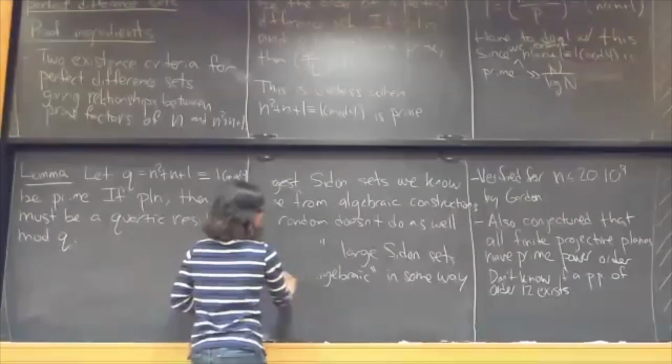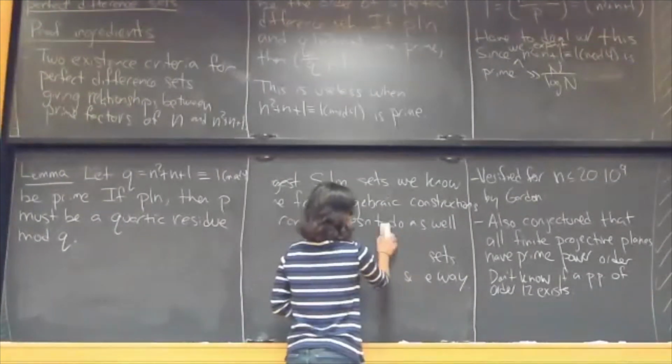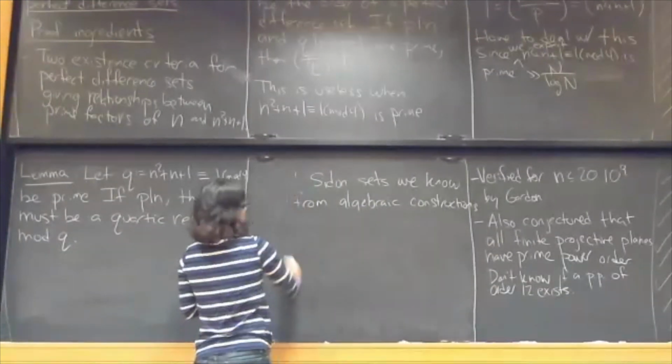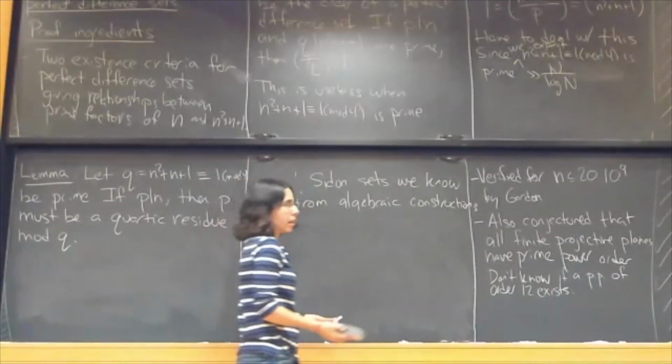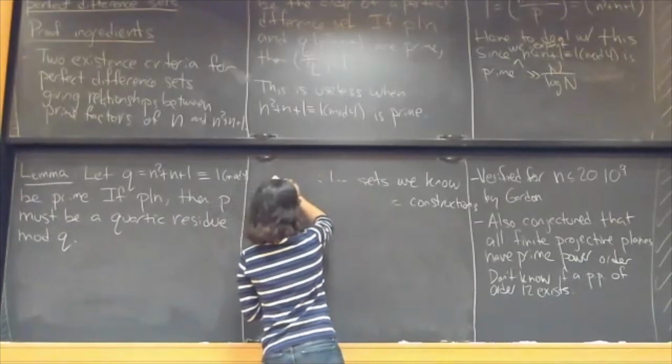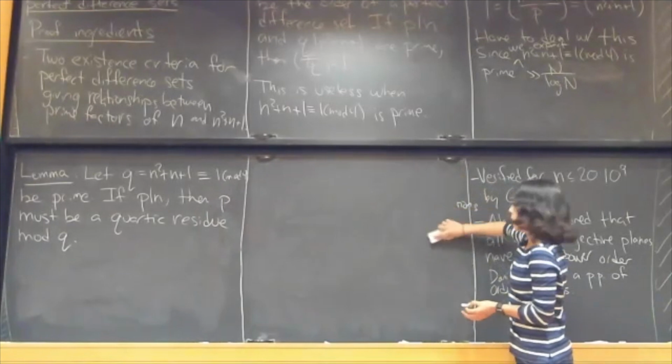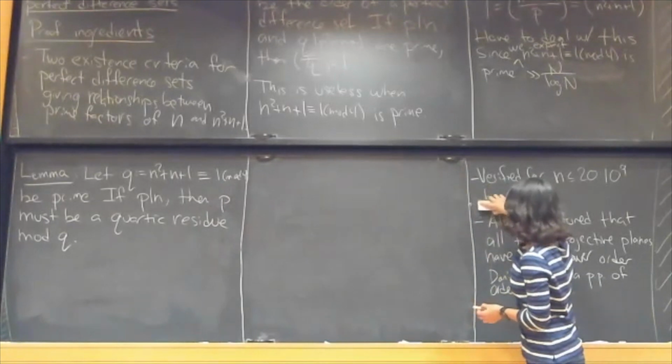But the problem with making this heuristic into a proof is that n squared plus n plus 1 depends on n. So n and n squared plus n plus 1 are not just two random integers of size n or n squared. So you have to deal with this dependence.